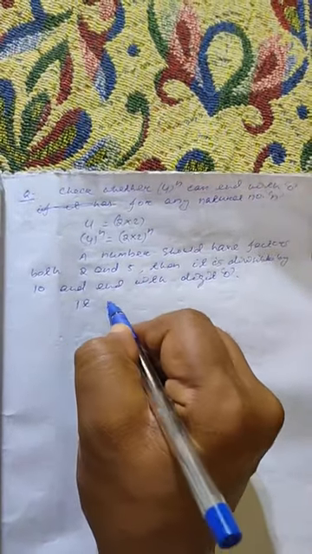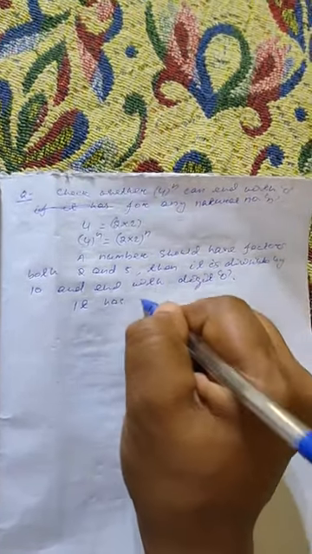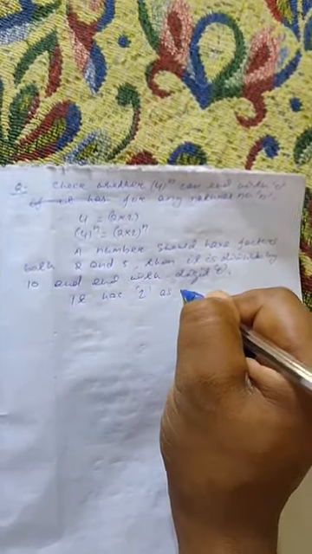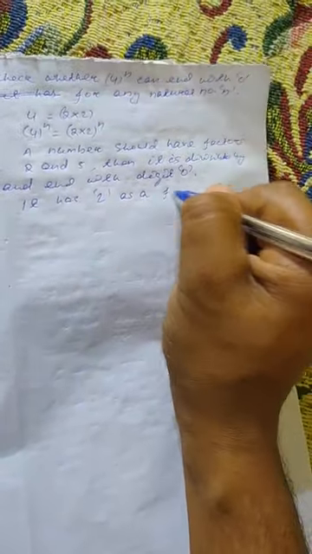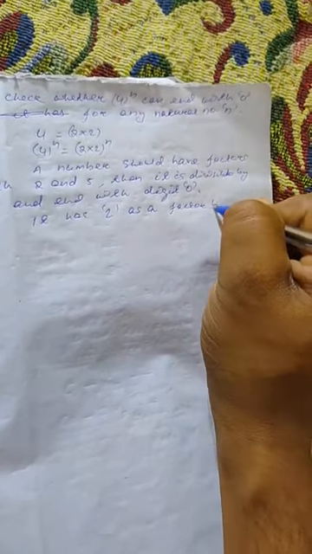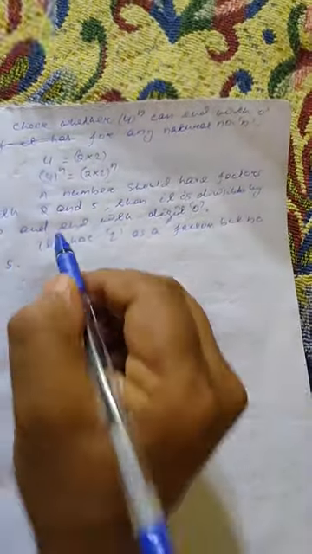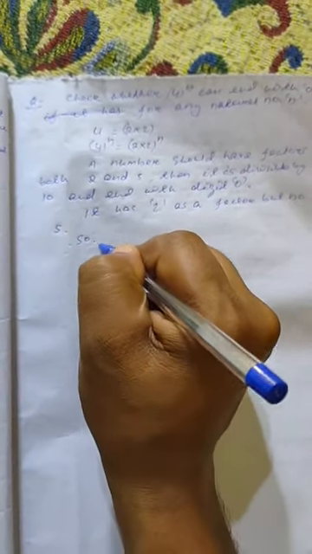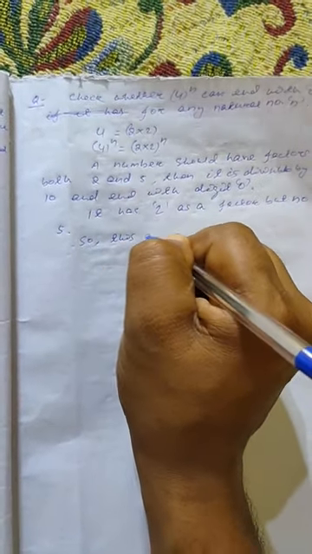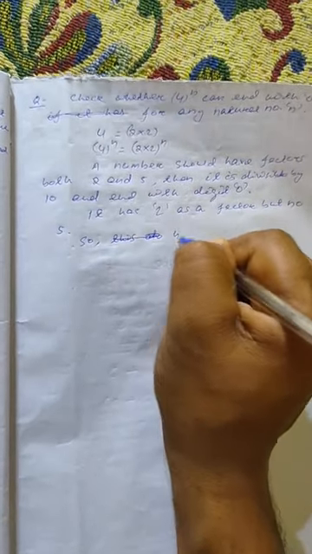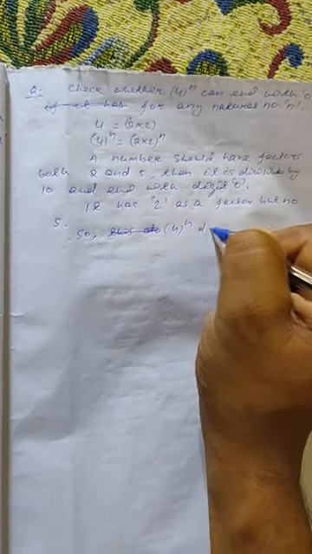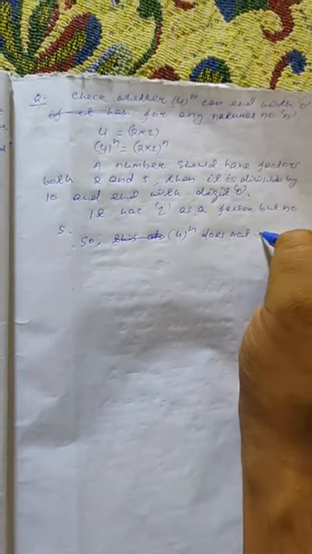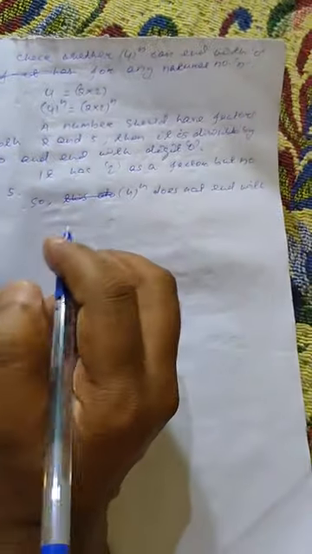So it has 2 as a factor, but no 5. It has no 5, so this means 4 to the power n does not end with digit 0.